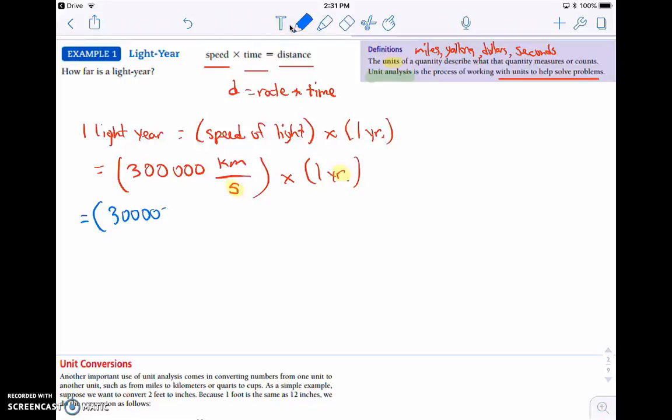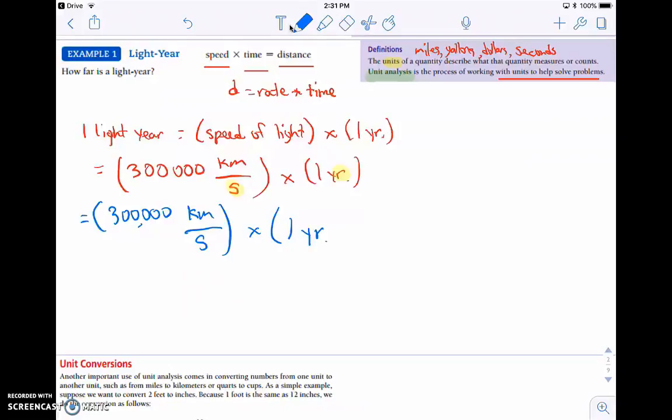We take the 300,000 kilometers per second and we're going to times that by 1 year. And then we need to start breaking down the years into seconds. So we need to figure out how many seconds are in a year. Now, yes, you could Google this, or we can use this idea of unit analysis that we're going to be looking at today to break this down.